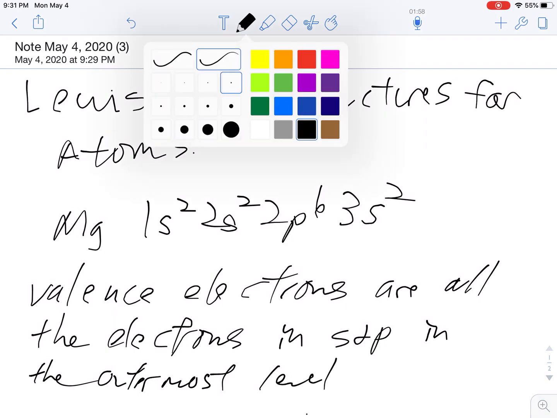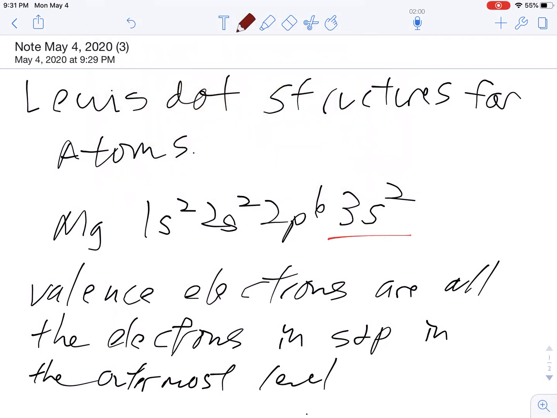So only these electrons are considered valence because the outermost level is the third, and it's all the S and P's in the outermost level. So magnesium has 2 valence electrons.